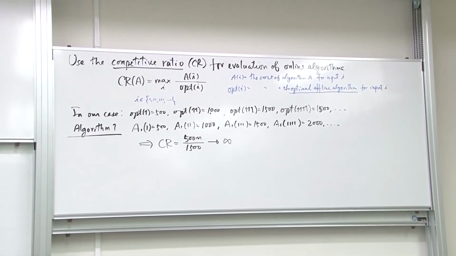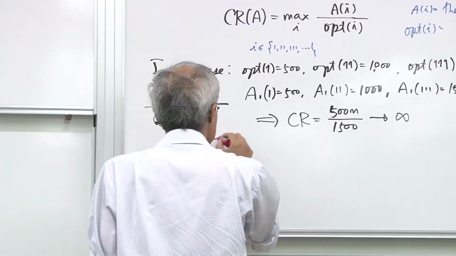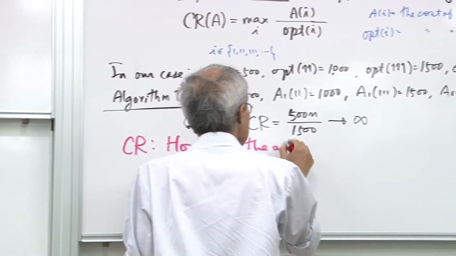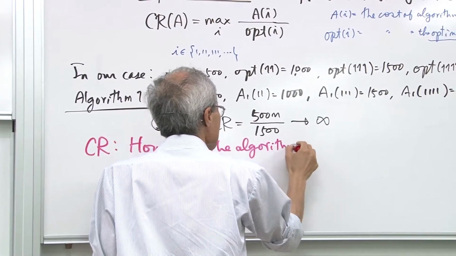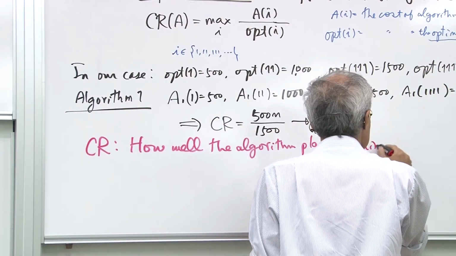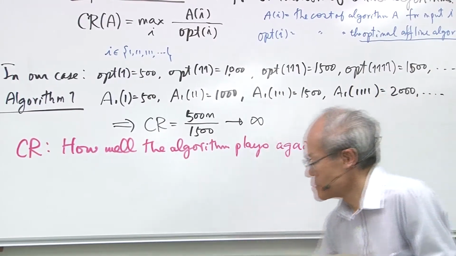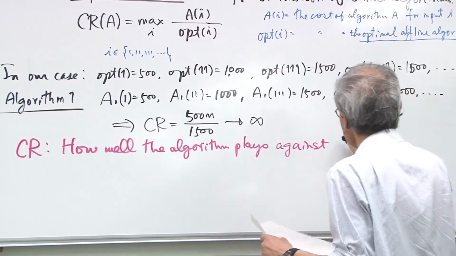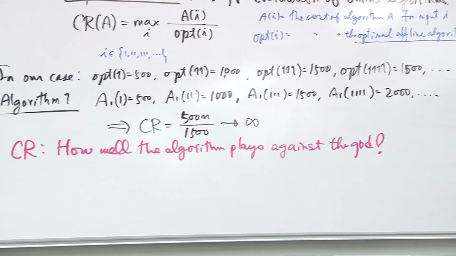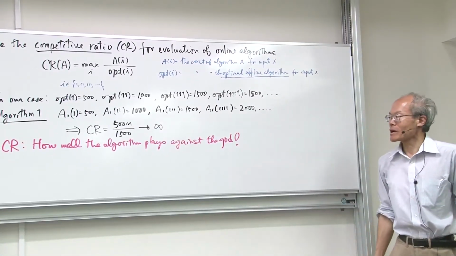Intuitively speaking, competitive ratio shows how well the algorithm plays against the God.